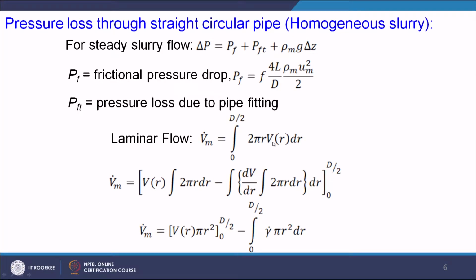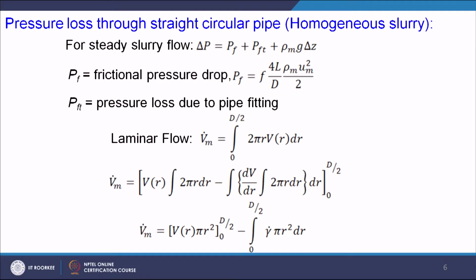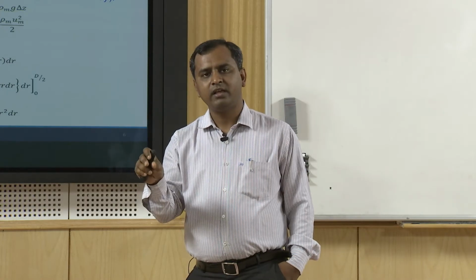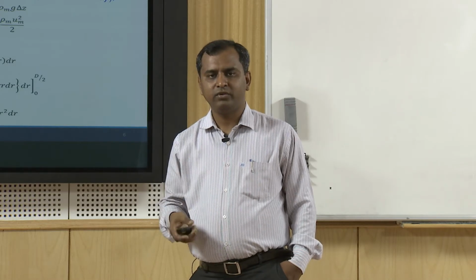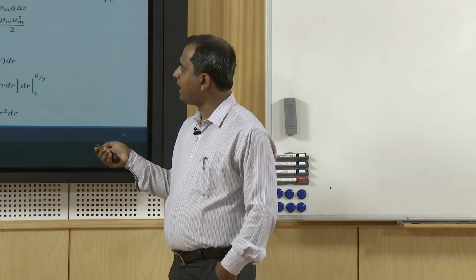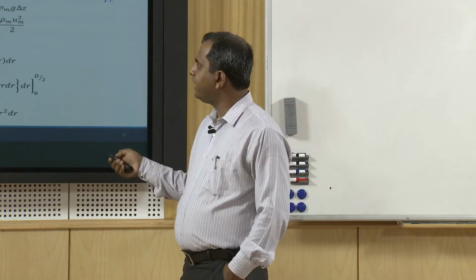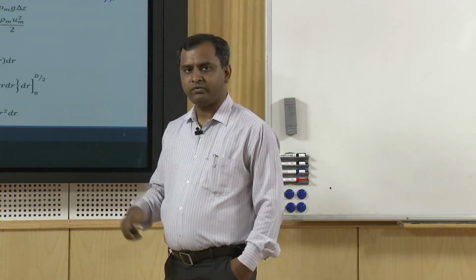Vr is the axial velocity at a particular radial location. This will be multiplied with 2 pi r dr. So, 2 pi r is the circular arc and multiplied by dr it is an infinitesimally small circular ring, and if we integrate it from 0 to d by 2, the pipe radius, we get the overall pipe area multiplied by Vr, which depends on the radial location, giving the volumetric flow rate V dot m.